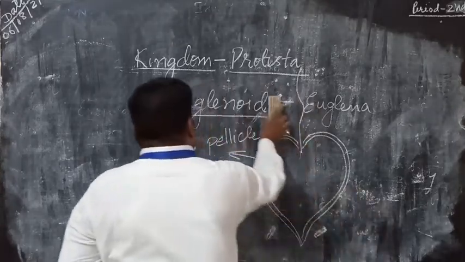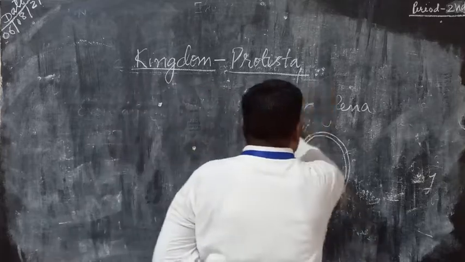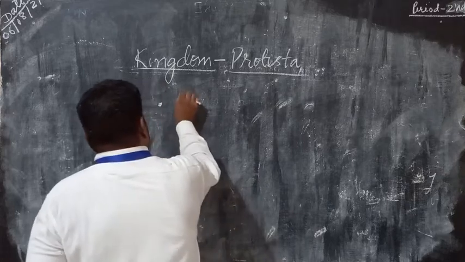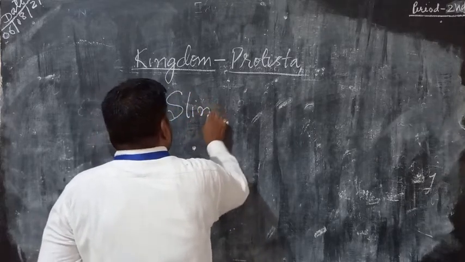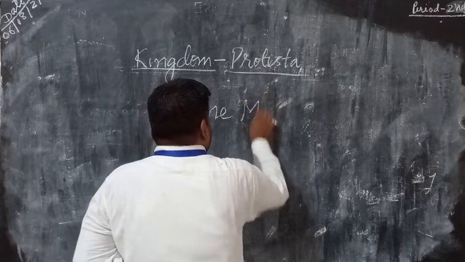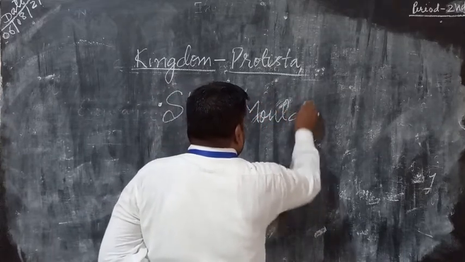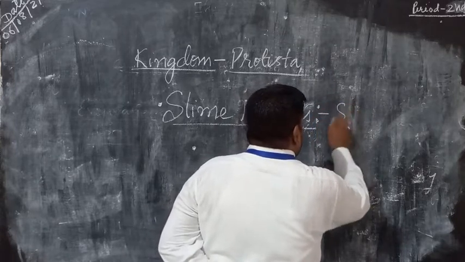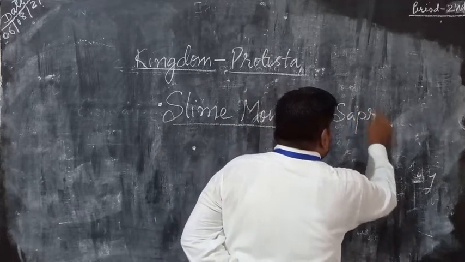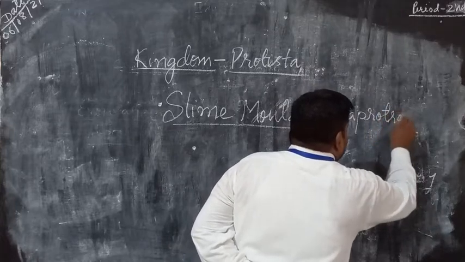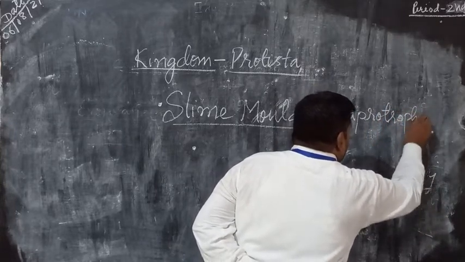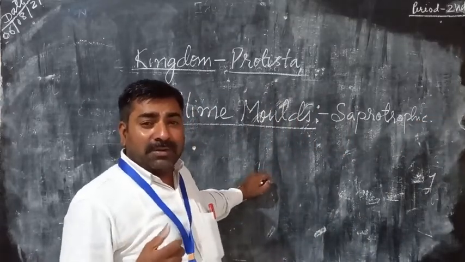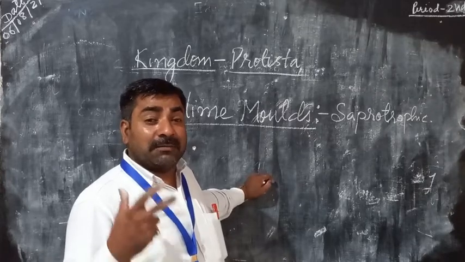Now the next group is slime moulds. Slime moulds are another group of protistans, and they are saprotrophic in nature. Saprotrophic means they derive their nourishment from dead and decaying, partially decomposed organic matter.